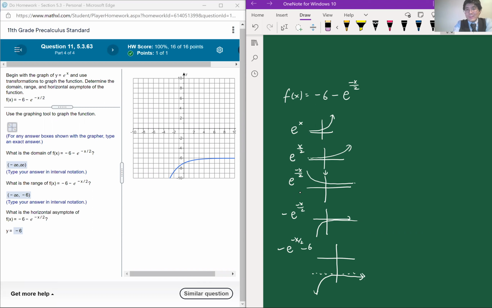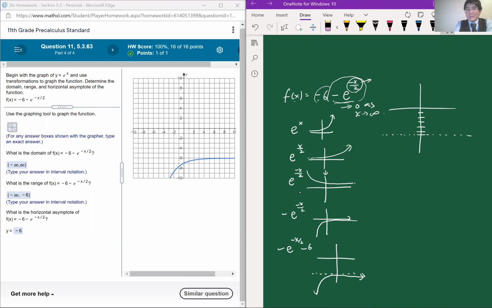Basically, the exponential function approaches 0 when this becomes negative, getting larger and larger in negative value. So this part will become 0 as x approaches infinity, and the y value is going to be negative 6 plus this little number. So this negative 6, the vertical shift, tells you where the asymptote is.